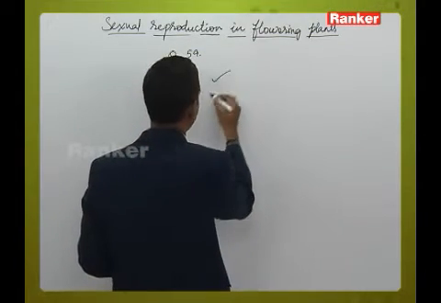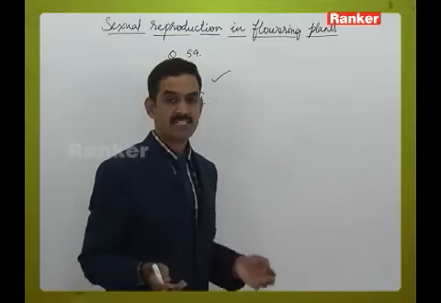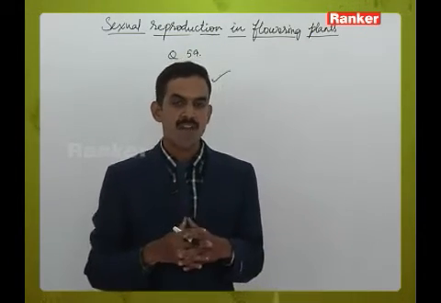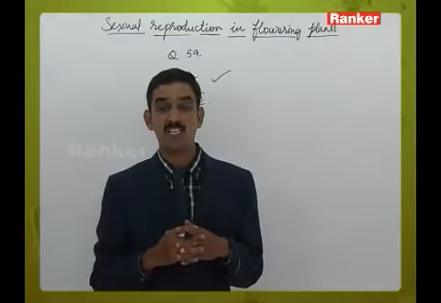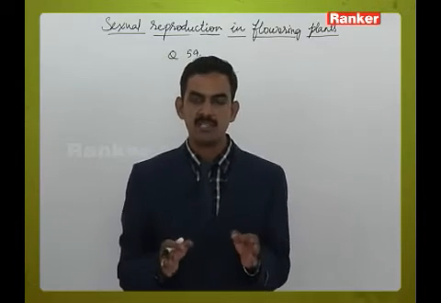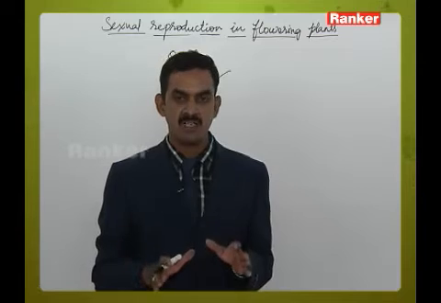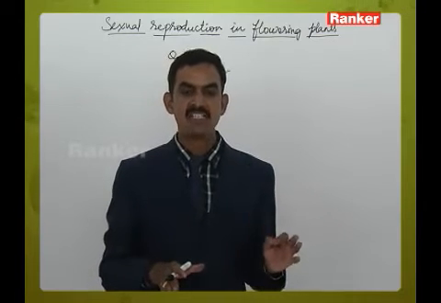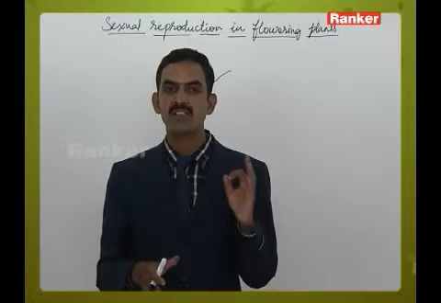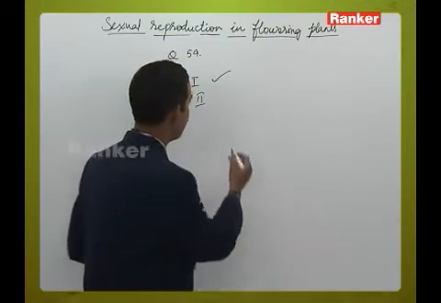So 1 is correct. In the second one, Vallisneria, dicliny and geitonogamy. Vallisneria is a dioecious plant which produces unisexual flowers. That means here it exhibits dicliny, and as dicliny is there, there is no chance for geitonogamy at all. It shows the xenogamy condition. So it is incorrect.